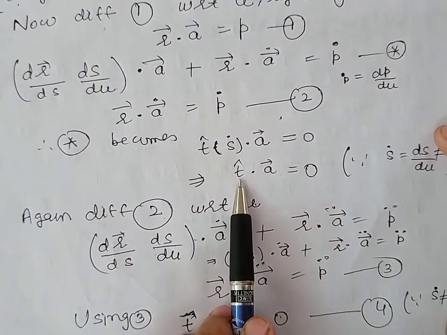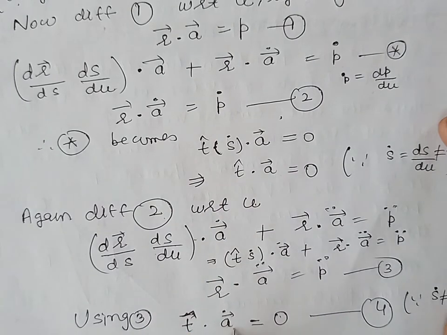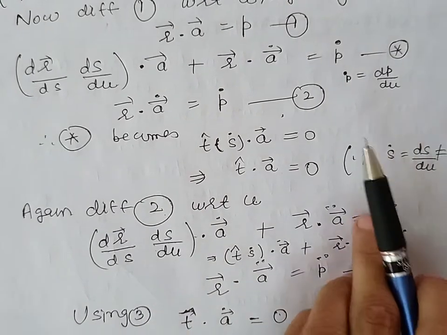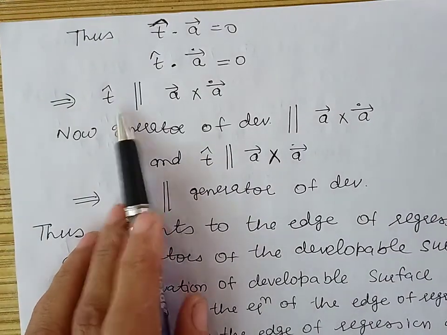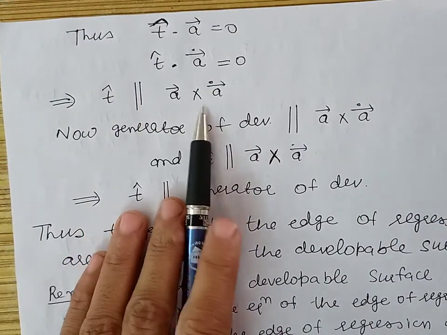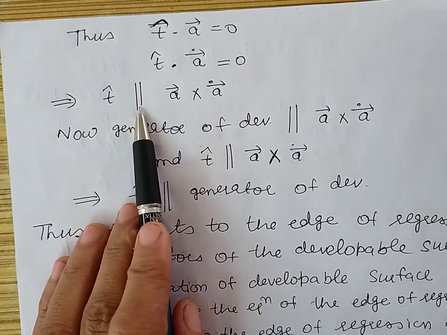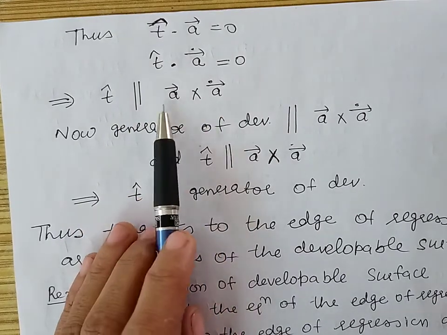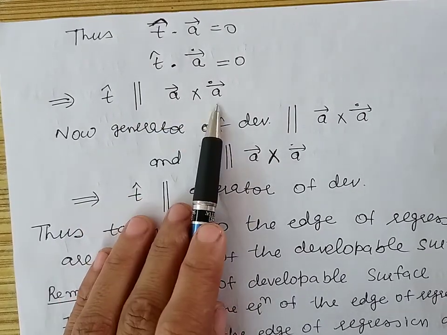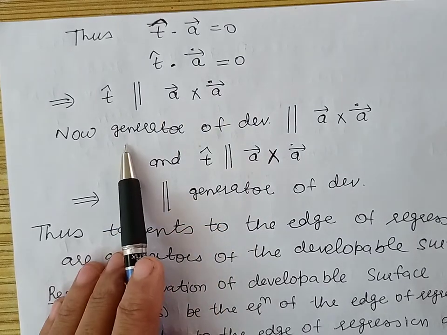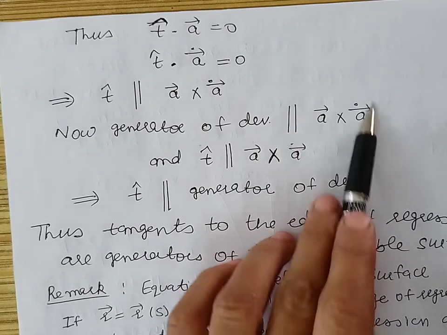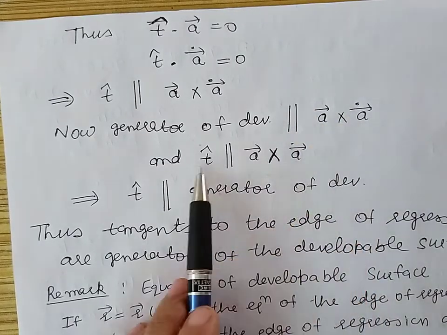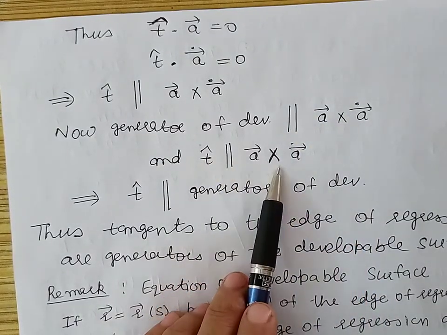The dot product of vector t with vector a as well as vector a dot are 0. So we can say that the vector t is parallel to their cross product. So t cap is parallel to the cross product of the vectors a and a dot. Now as we already discussed, the generator of the developable is parallel to this vector, and also t cap is parallel to the same vector.